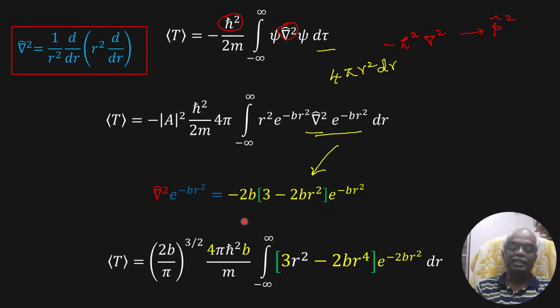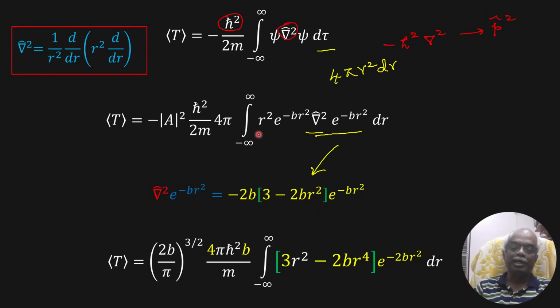Notice that this is minus 2p, so minus of minus will become plus, and the square of the normalization is 2p over pi power 3 by 2. You take this 2p outside, already minus and minus cancelled out and became plus. Then that 2 will cancel with this 2, so this will simply become m, and you get 4 pi h cross squared p.